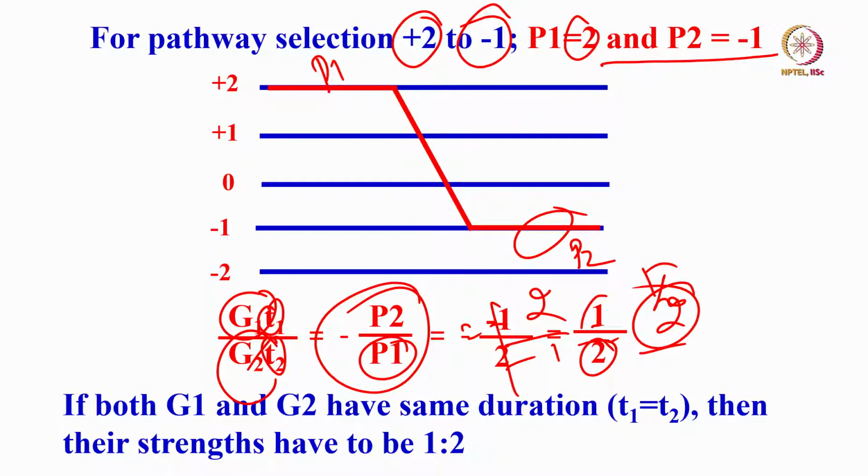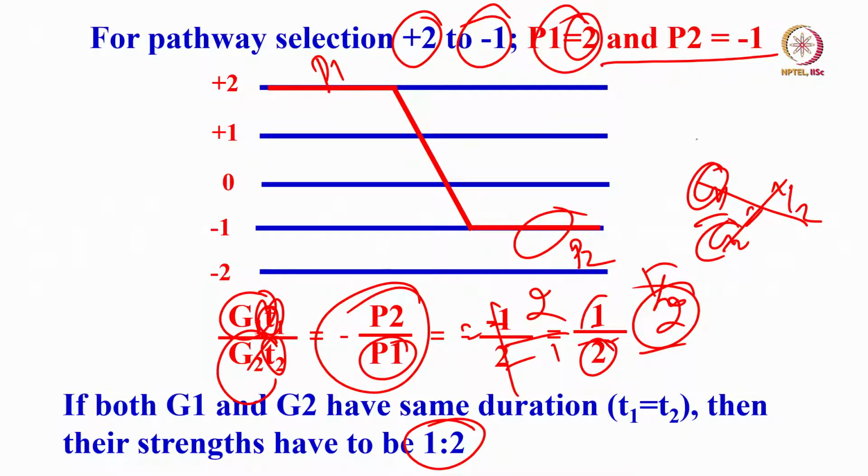Then G1 by G2 has to be in the ratio 1:2 because the G1 by G2 ratio is equal to half. As a consequence, G2 should be equal to 2 times G1. So if you adjust the ratio of G1 by G2, keeping the durations T1 and T2 identical for both, you can choose this particular pathway for P1 equal to 2 and P2 equal to minus 1.